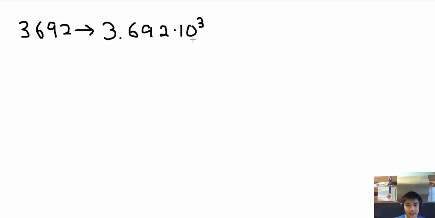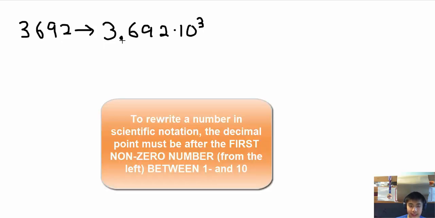Now, in scientific notation, the decimal point has to go after the first non-zero number from the left. This non-zero part I'll explain more later, but basically it has to be after a number between 1 and 10 that's non-zero, starting from the left.